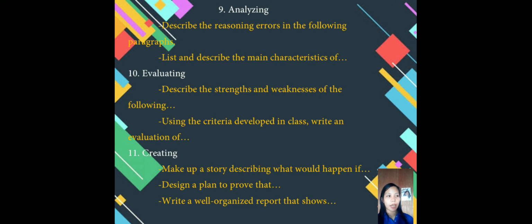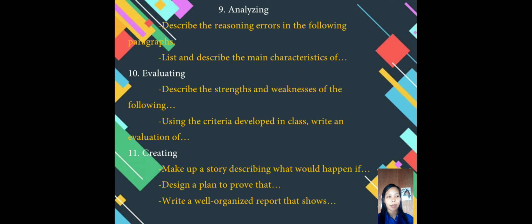Number 10. Evaluating. Evaluating, also called evaluative writing, evaluative essay or report, and critical evaluation essay, is a type of argument that provides evidence to justify a writer's opinion about a subject.